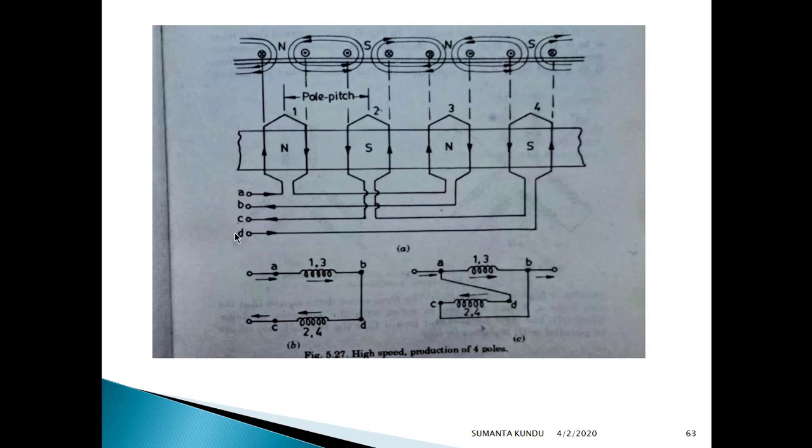Now the interesting fact is that there are two things we have to remember. First of all, this is applicable for squirrel cage induction motors, because in a squirrel cage induction motor, the poles of the rotating magnetic field are produced, and similar poles are produced in the rotor. So we don't have to worry about the number of poles in the rotor.